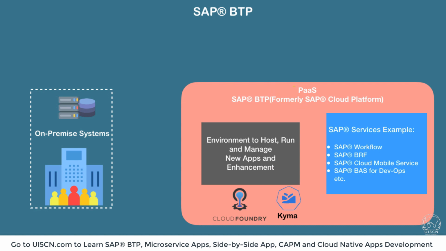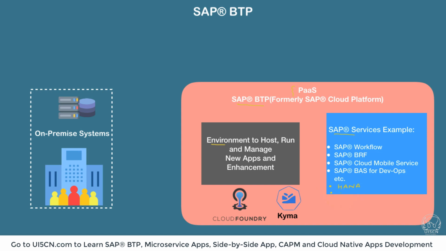We have the PaaS platform SAP BTP, it has an environment, and there are SAP services like Workflow, BRF, Cloud Mobile Service or BaaS, and there are also services which provide you database capability like HANA, and HANA is a database by SAP, and they basically expose the HANA database as a service in your SAP BTP.